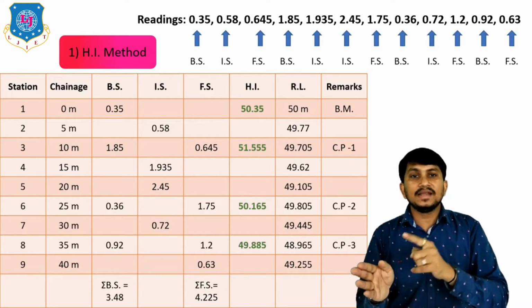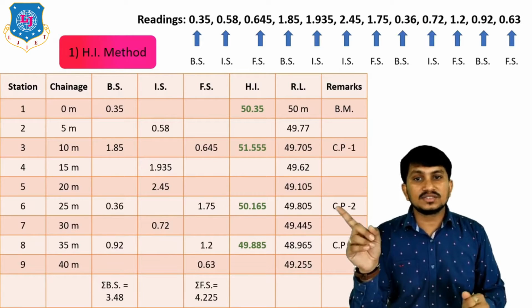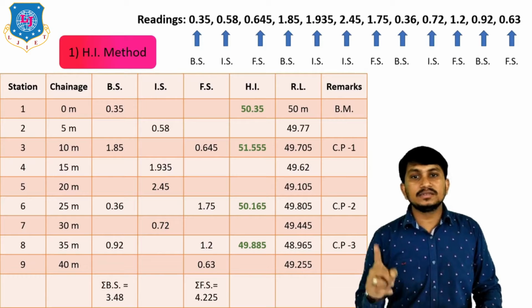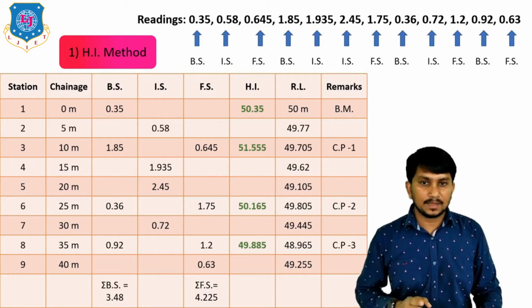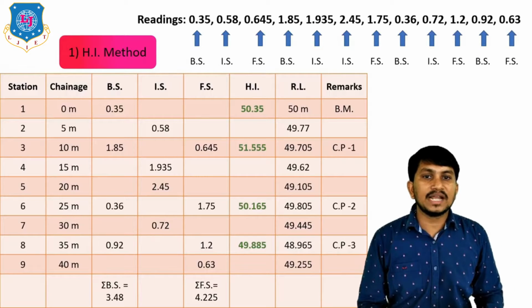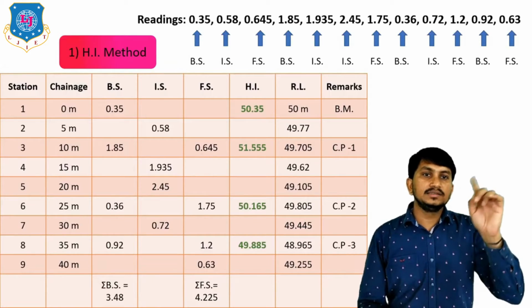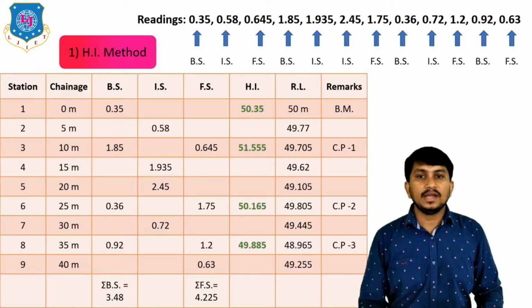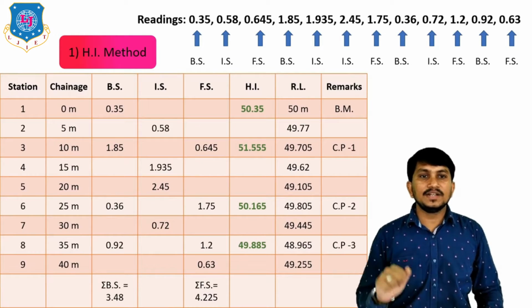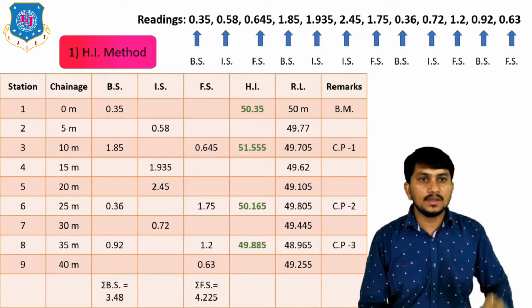So FS and BS are there for the third station. BS 1.85 is written in the third station. After this IS is there, 1.935, then 2.45 at 20 meter, then FS at 25 meter, 1.75.